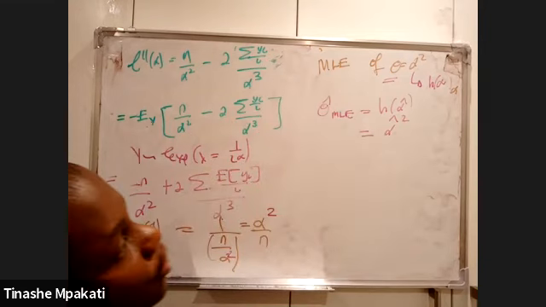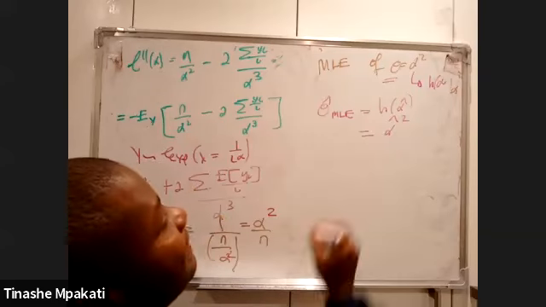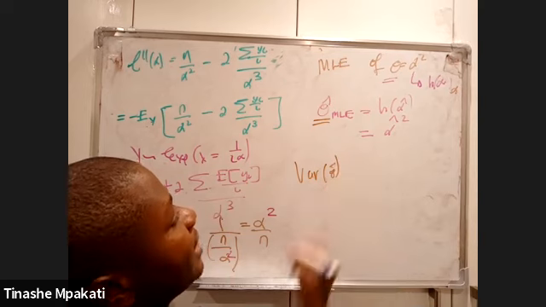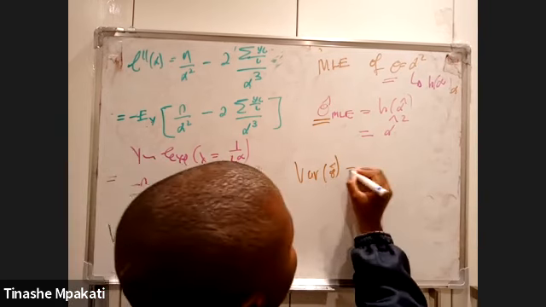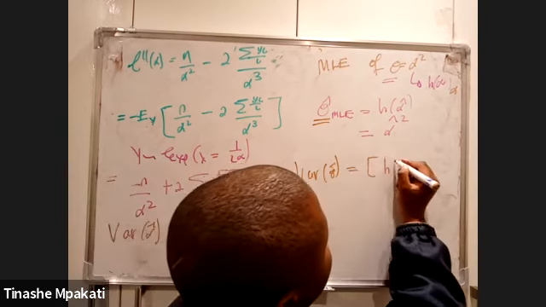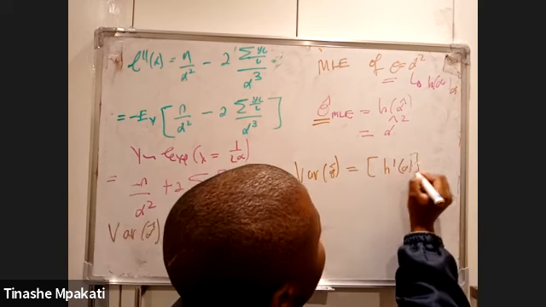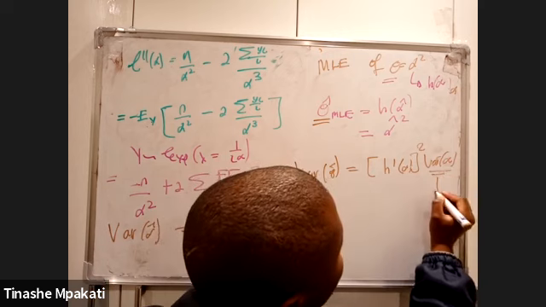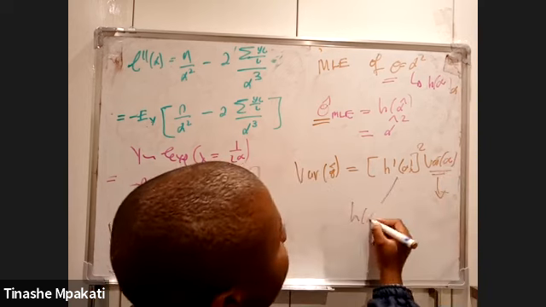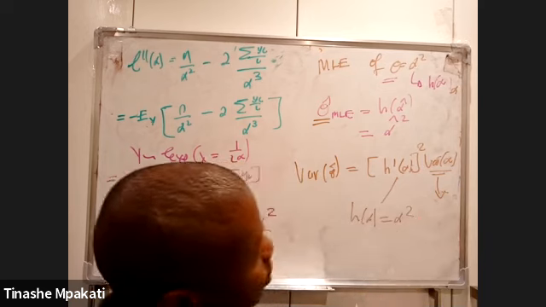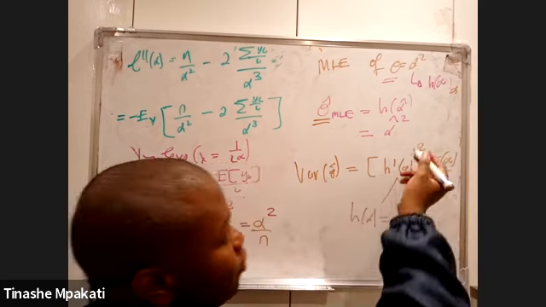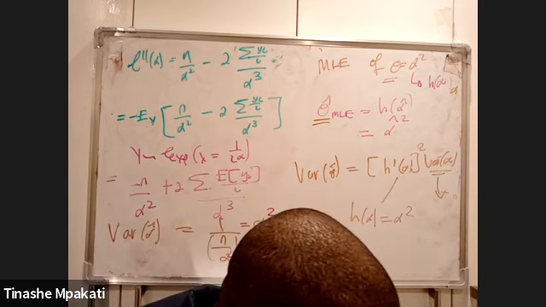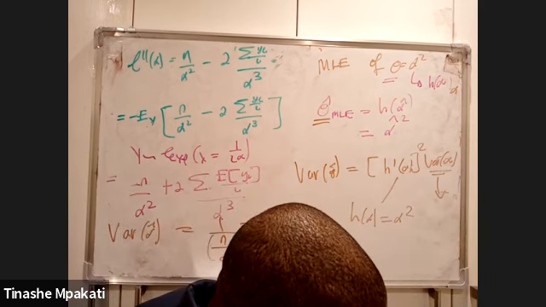You can even be asked to find the variance of that using the delta method, and this will just be a matter of taking the first derivative of the function, squaring that, and multiplying it by the variance we already have. You have this function of theta, you take the first derivative, square it, and multiply with what we have there, and you will get your variance using the delta method.